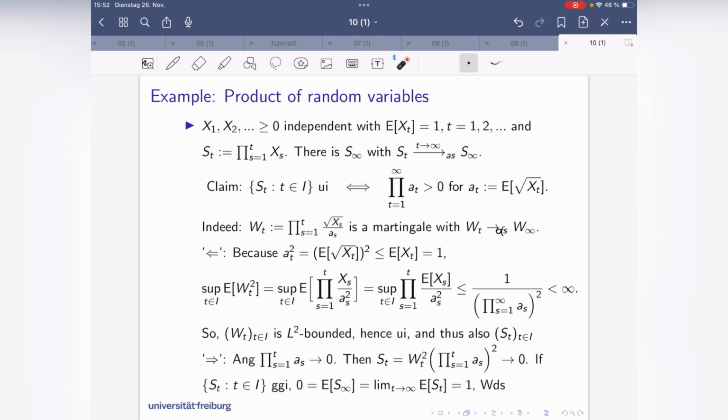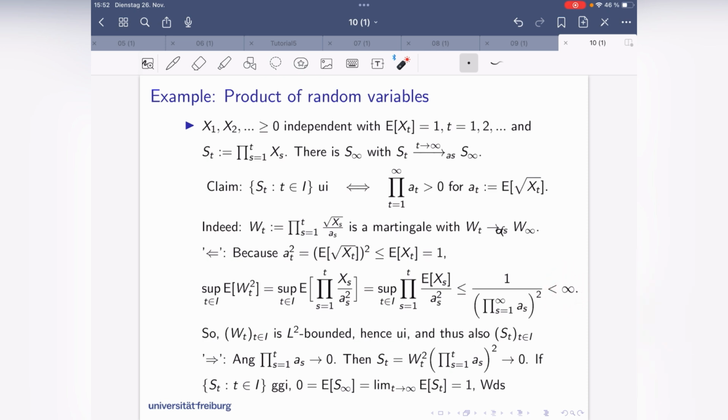So I'm claiming if this here holds, then S_t is uniformly integrable. a_t square, okay, that's this square here, by some Cauchy-Schwarz inequality or something, is less or equal than 1. And the expectation of W_t square, I can show it's finite.